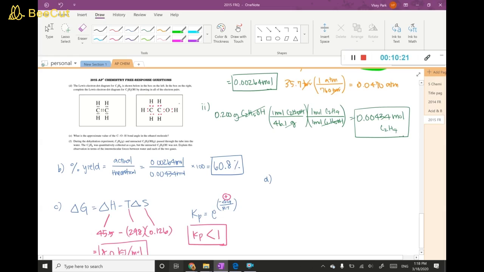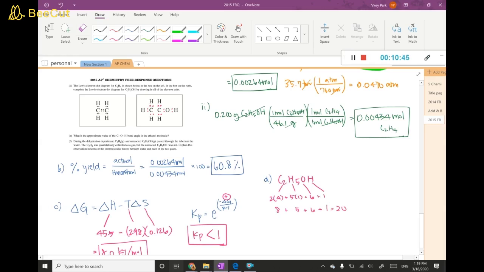But how many electrons do I have in total? So C2H5OH, I have 2 times 4, 5 times 1, I have 6, and then I have 1. If I add them all up, I end up with how many electrons? 8, 5, 6, 1. That is 13, 19, that is 20 electrons.